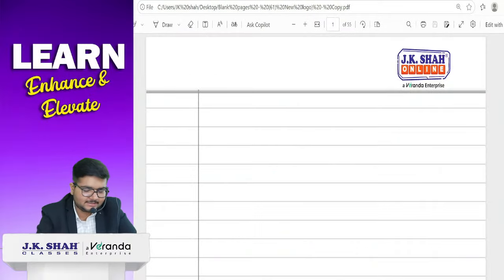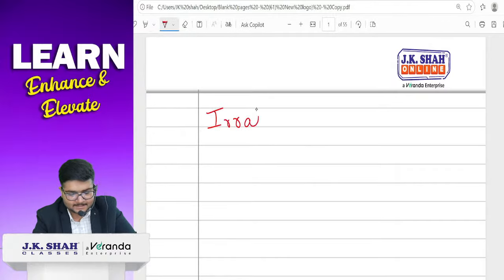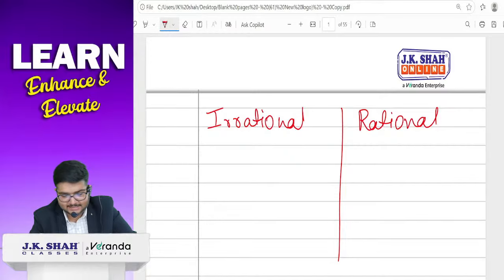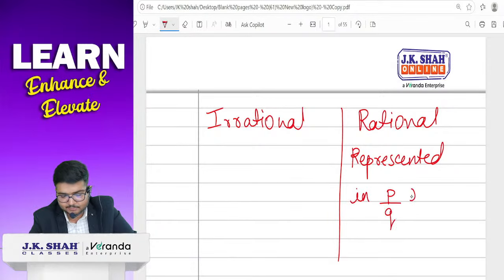First of all, we will understand what are irrational numbers. Obviously both the words are opposite words and the meanings are also opposite, right? So what are rational numbers?